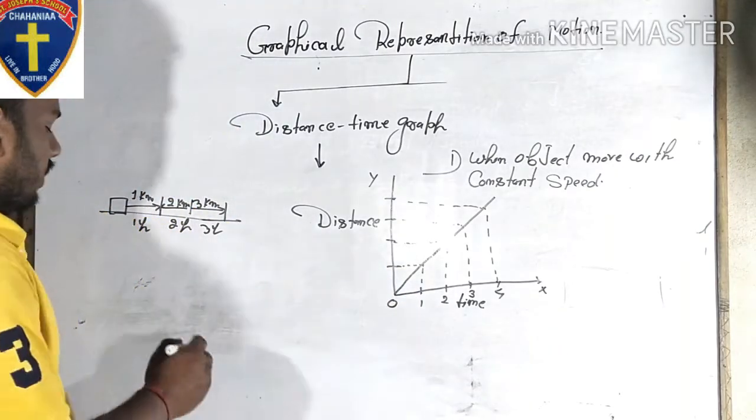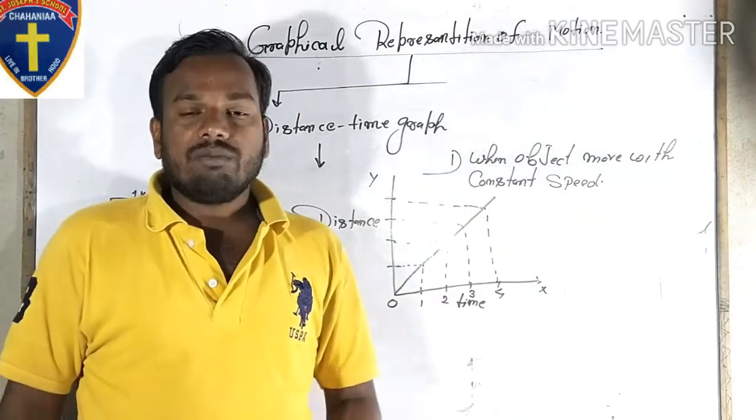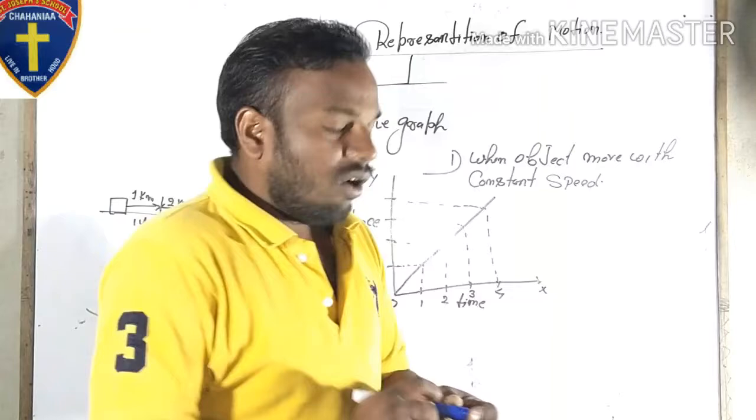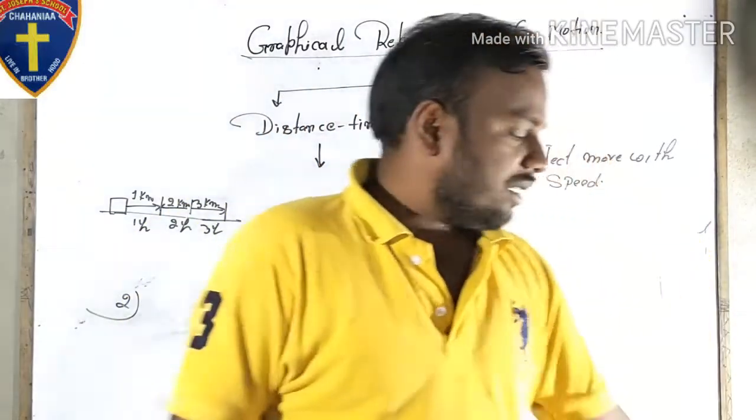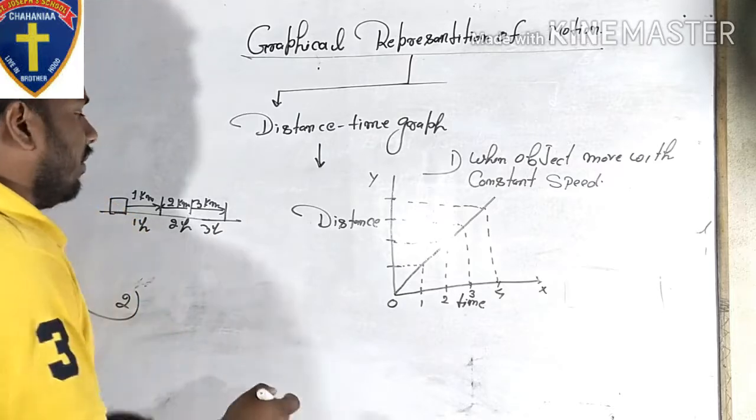Now, the second case: when the object moves with non-uniform motion, it does not cover equal distance in equal time interval. For example, here is the table with time and distance.